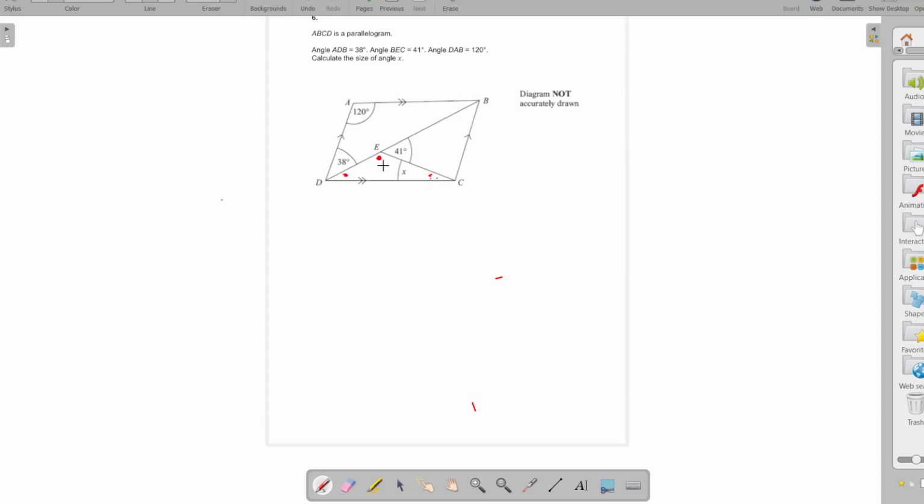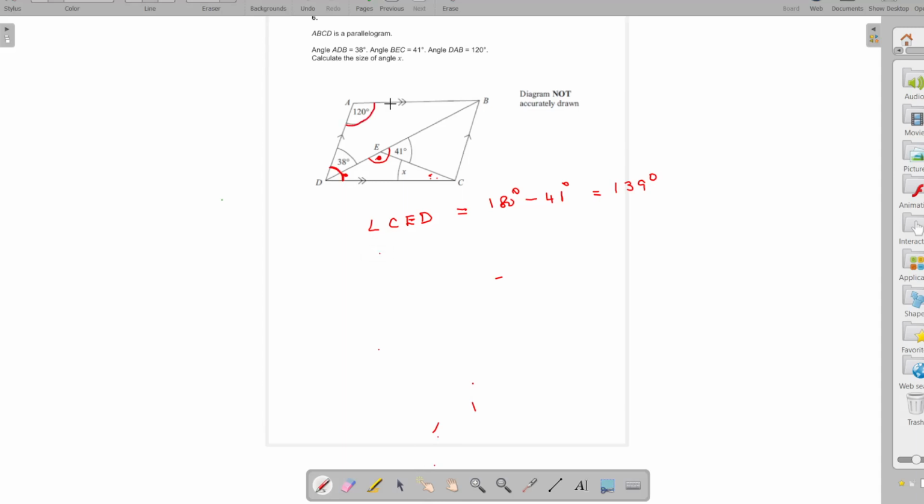So we could find this angle because it's 180. So angle CED is 180 minus 41, which is 139. Next thing we are going to find is all of that, right? We know how to find all of that because it's a parallelogram.